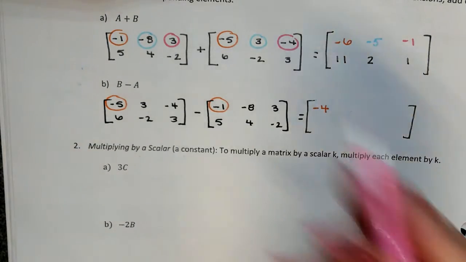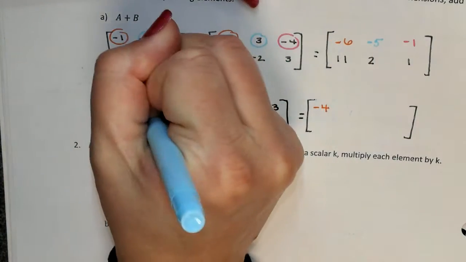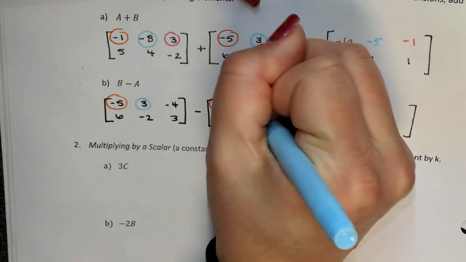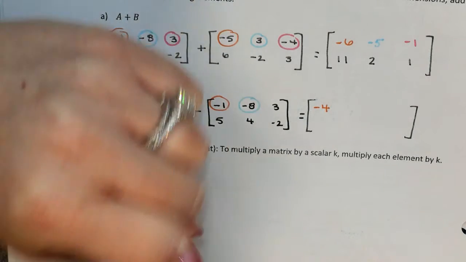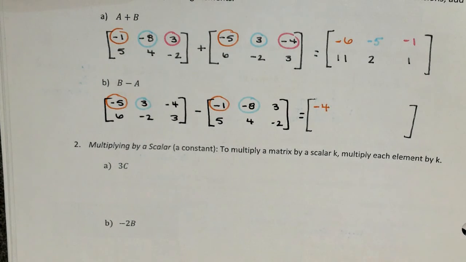The next one is 3 minus negative 8. It's going to turn into 3 plus 8, which is positive 11.